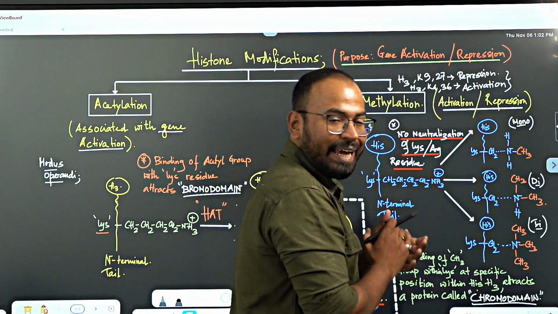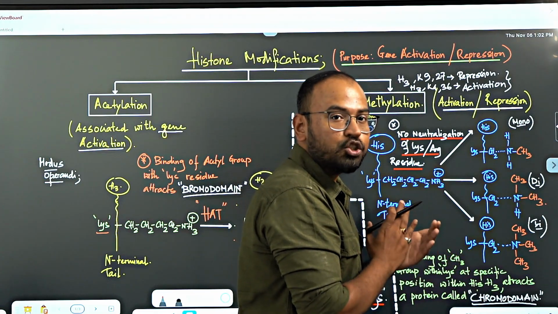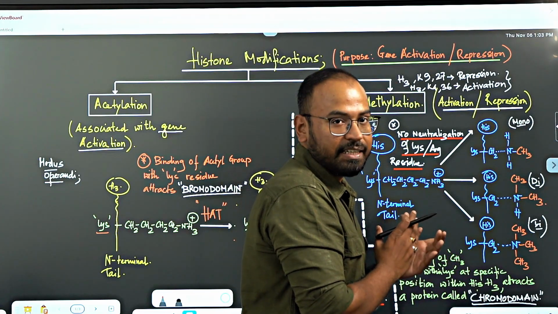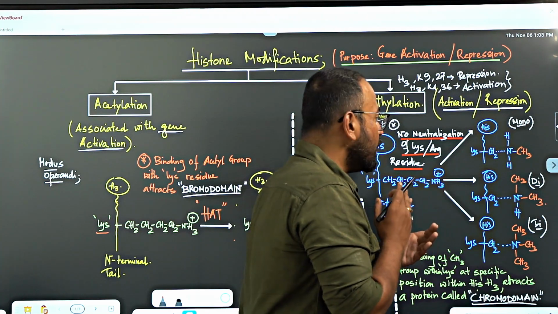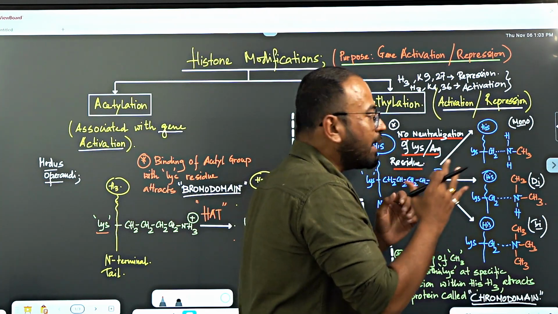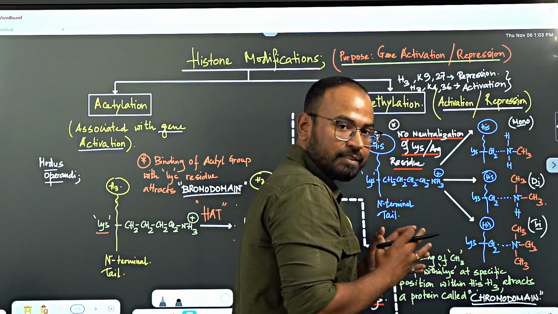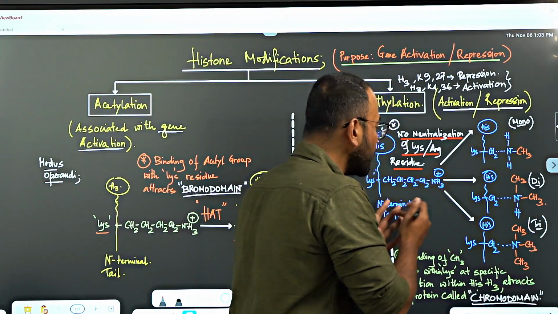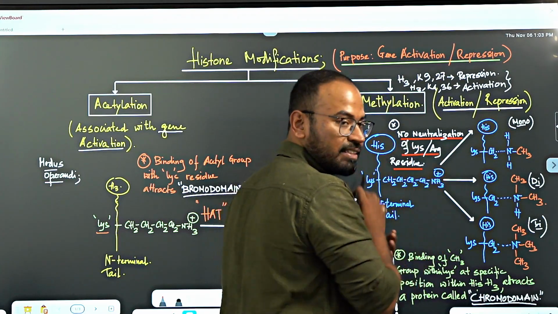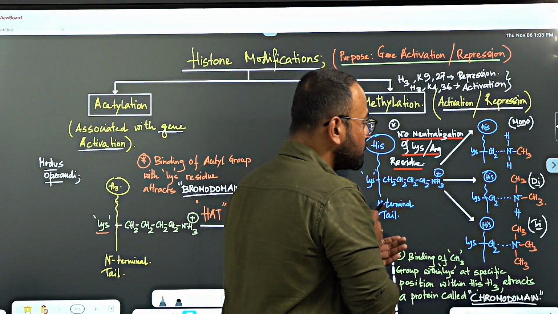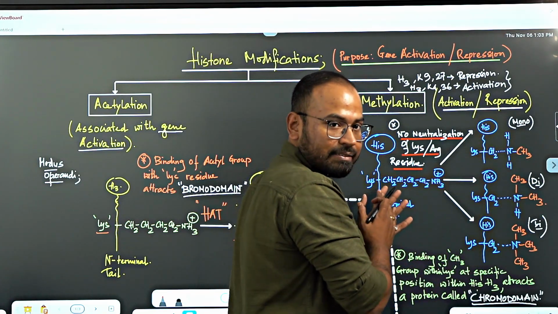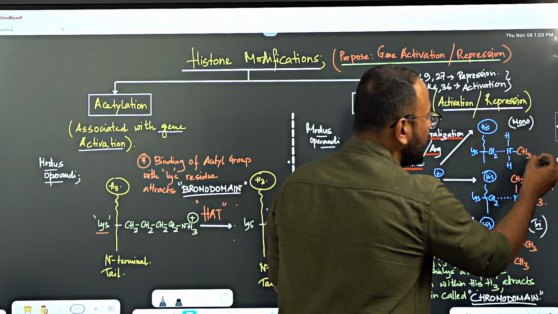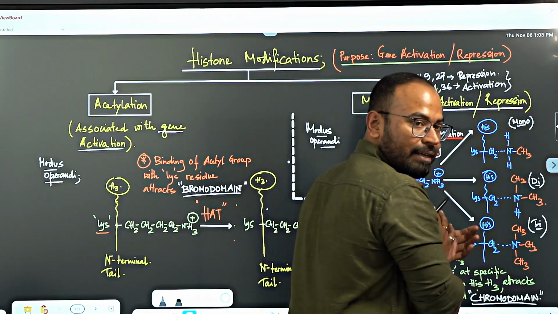Now what happens? There lies an enzyme called histone methyl transferase. What this enzyme does is it transfers the methyl group to the lysine residue. Now, this transfer may occur in three distinct ways. In one case, only one methyl residue can be added.